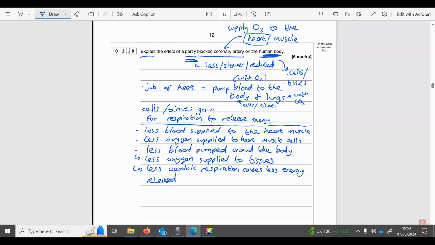Now, what are the effects of that on the human body? If you have less energy released, how would you experience that? What would you see? Well, the person would just be tired.